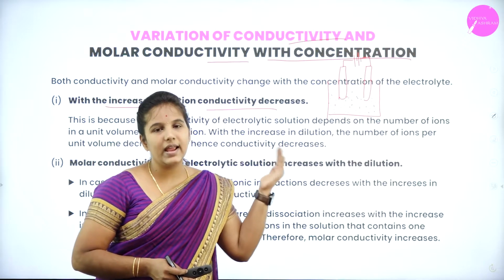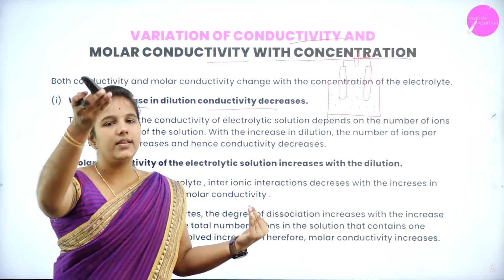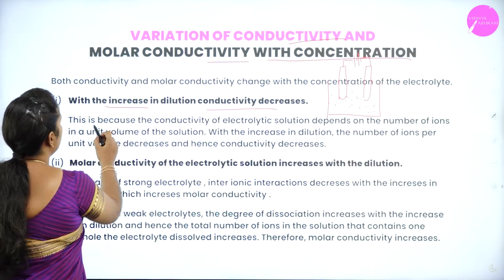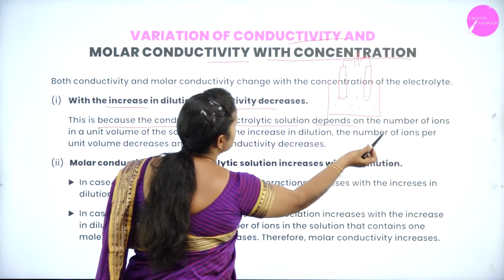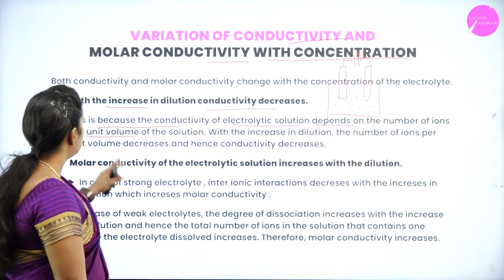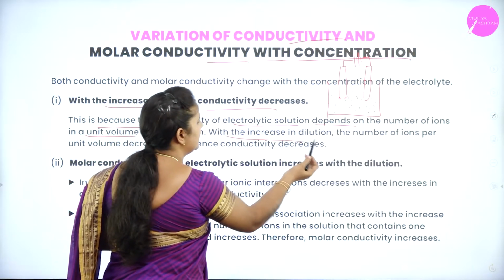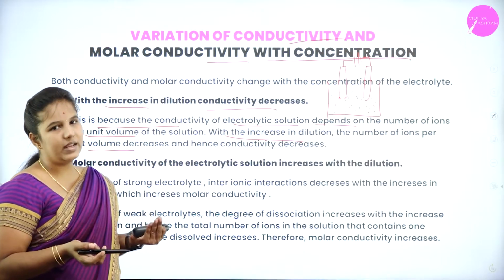So that is why the conductivity decreases when you increase the dilution. This is because the conductivity of an electrolytic solution depends upon the number of ions in a unit volume of the solution. With increasing dilution, the number of ions per unit volume will decrease.